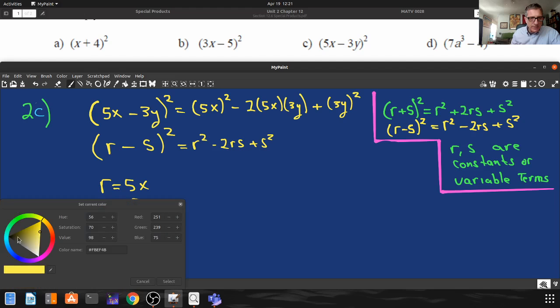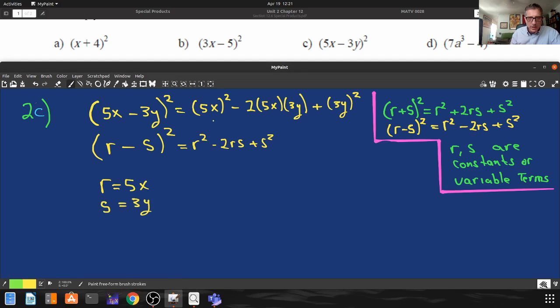So again, let's simplify that. So all of this needs simplified. I'm going to simplify it down here. 5x squared is 5 squared times x squared. 5 squared is 25, and x squared is x squared. Now what do I do to minus 2 times 5x times 3y? I just put all of the constants together.